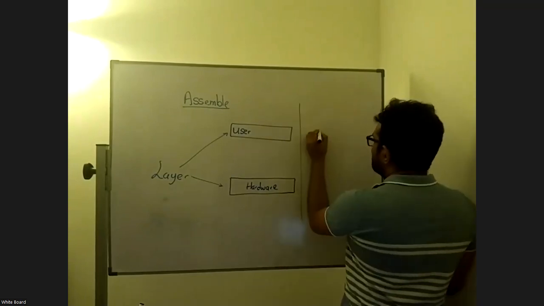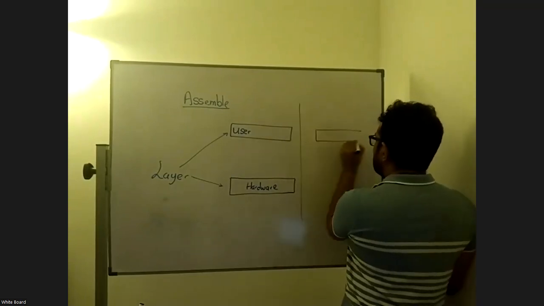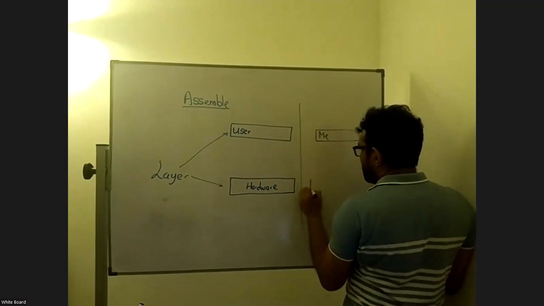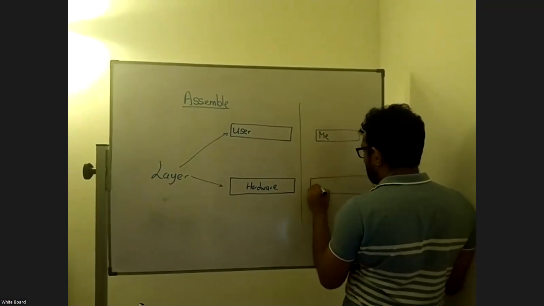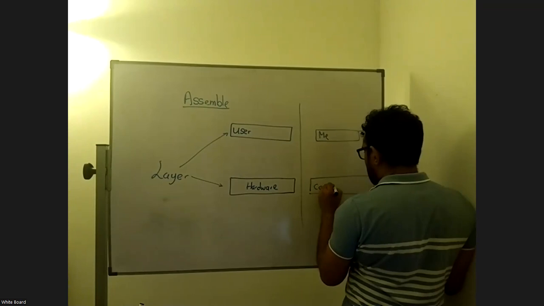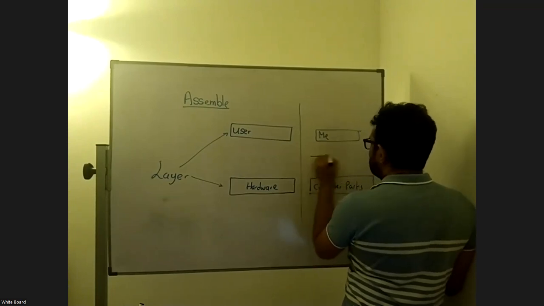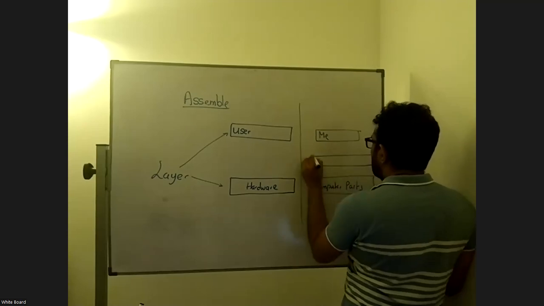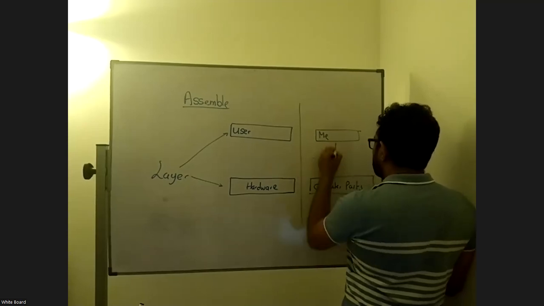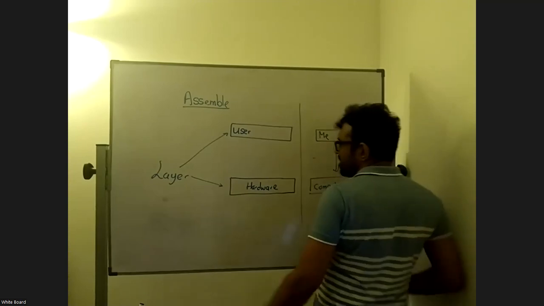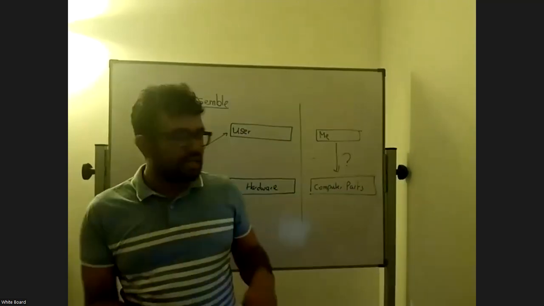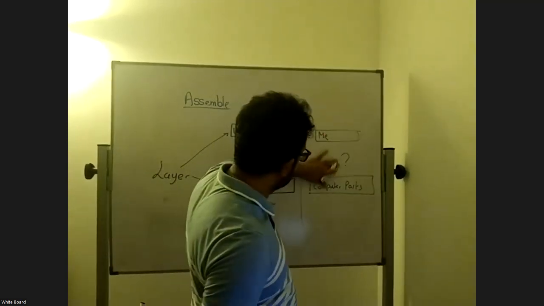Now let's see how that is happening. So let's say this is me. These are my computer parts. And who is in the middle? Now I don't know how to assemble them. I have a problem in fixing them together. So someone should help me. Who is helping?